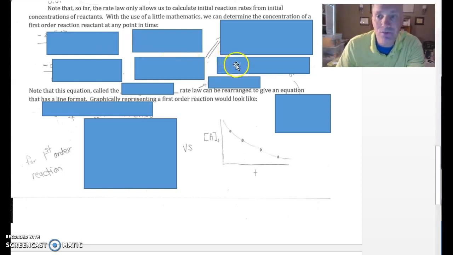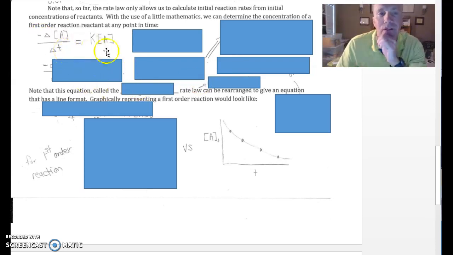You're just responsible for knowing how to apply the equation. I do think though that since most of you are taking calculus, it would be interesting to see the connection between the chemistry and the calculus.